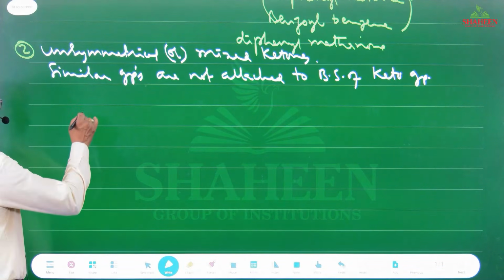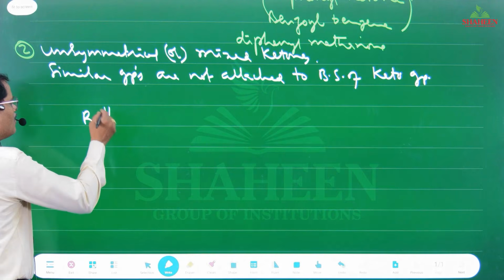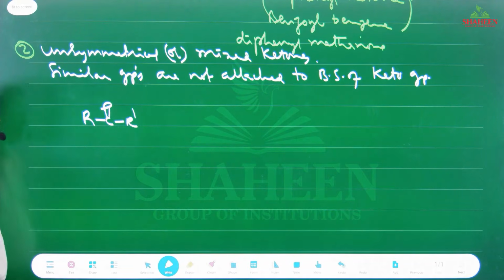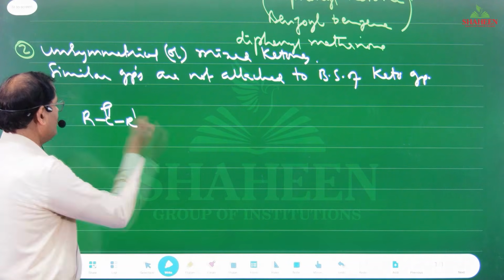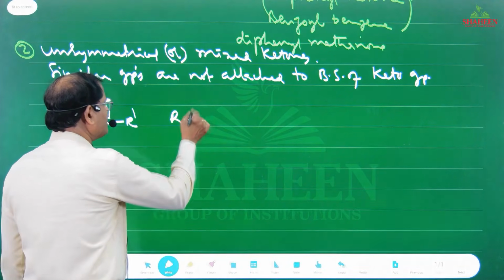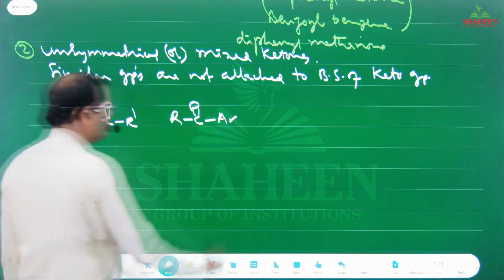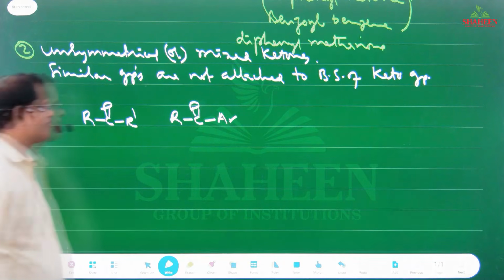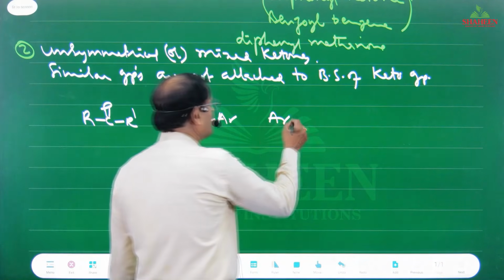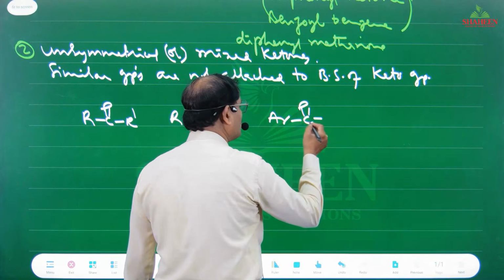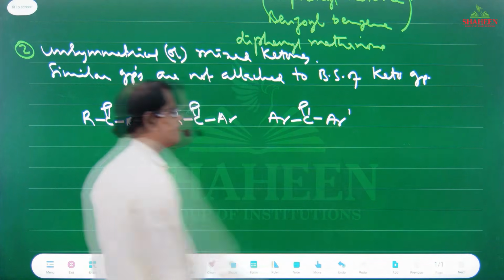For example, see R C double bond O R dash. The general representation can be written as R C double bond O R dash, or otherwise we can also represent it as R C double bond O R'.